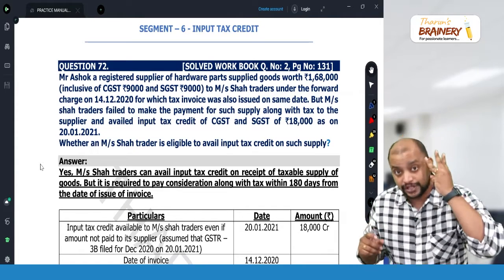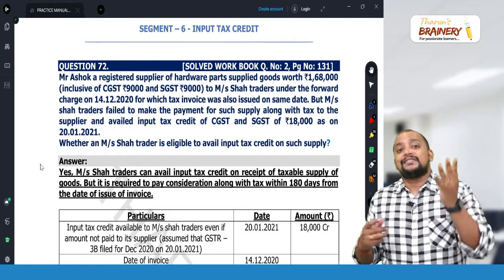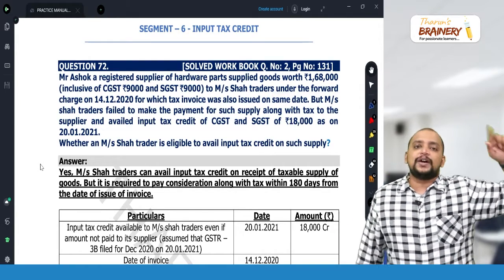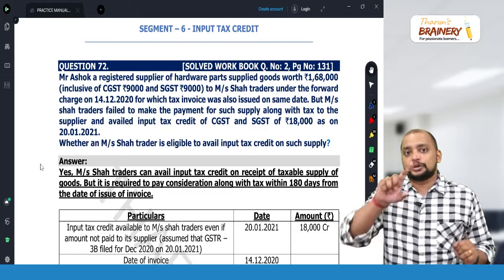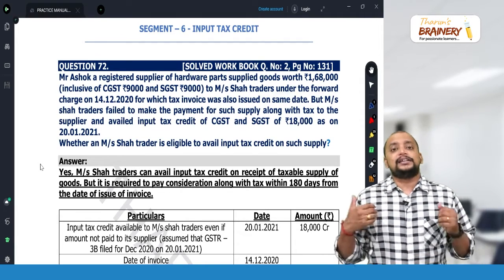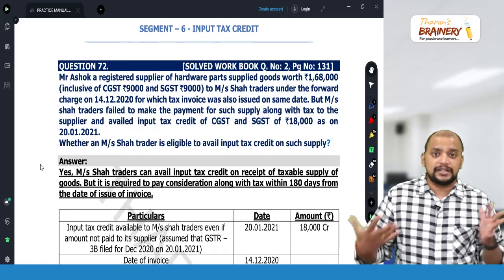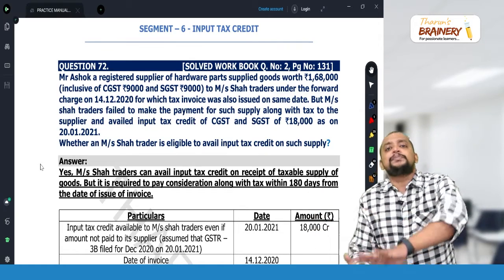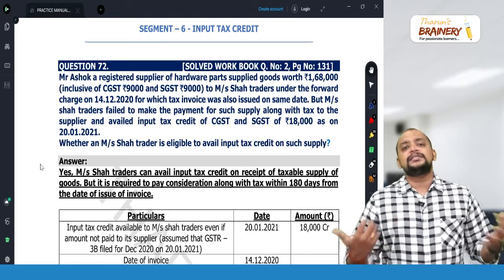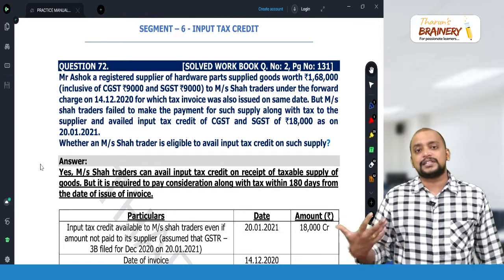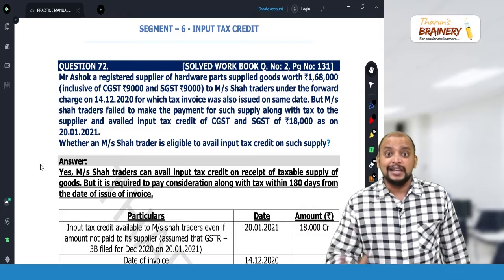You should be in possession of the tax invoice and you should have actually received the goods or services, and your supplier should have paid the tax to government, meaning it should be matching. It should be reflected in GSTR 2A and 2B, and the last condition, you should have filed a return to take the credit. But nowhere is it a condition that only when the recipient makes payment to the supplier will the recipient be able to take the credit. No such condition is there, which means that the recipient can take the ITC in this case.